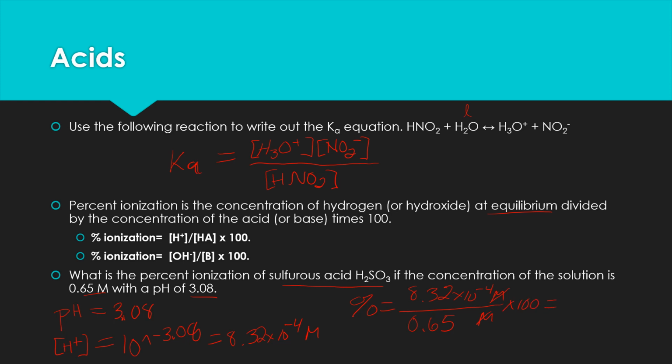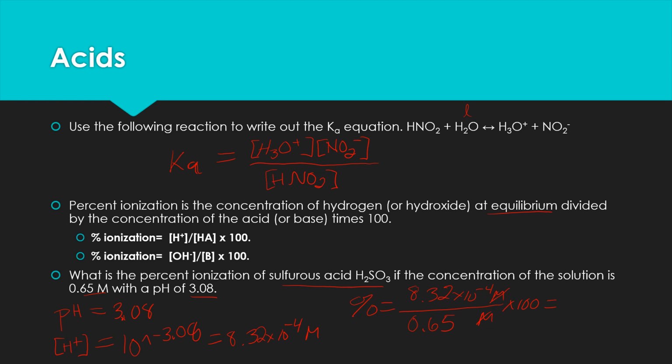So the part that ionized is our concentration of hydrogen. The whole thing is the concentration of the whole solution, times 100. So 8.32 times 10 to the negative 4 divided by 0.65, and I'm going to multiply that by 100. Oops, sorry, I just had an error in my calculator.